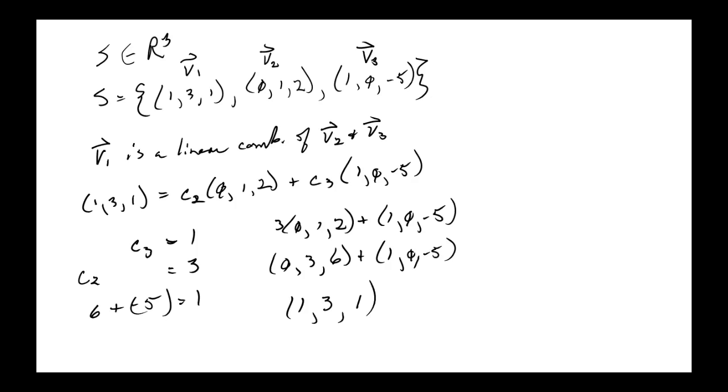C3 has to be 1, that would be a negative 5. So 6 plus negative 5 better equal 1. This gives you a good indication it's going to be true. It's a little easier to do. Now that one was grossly easy. It was just that easy to do.